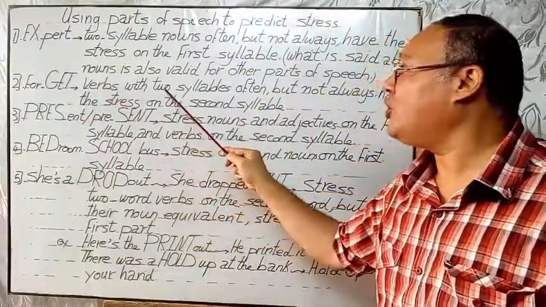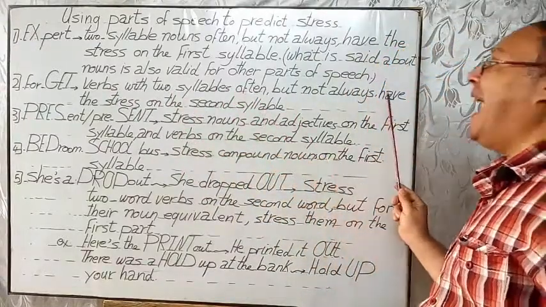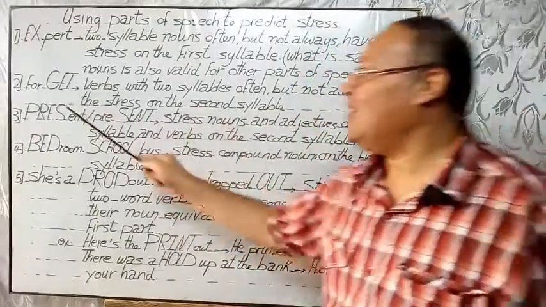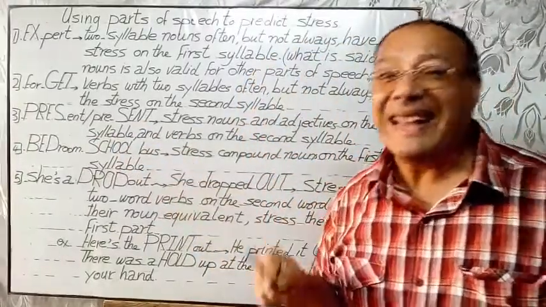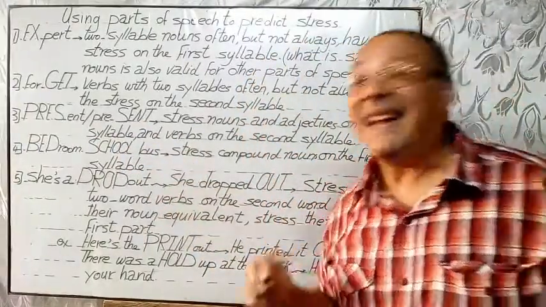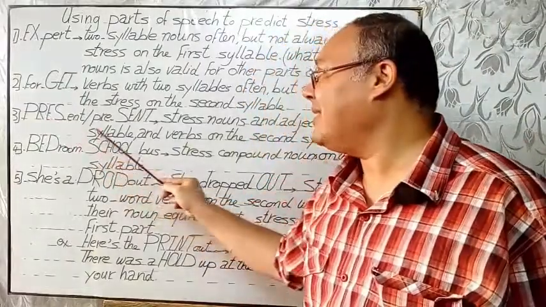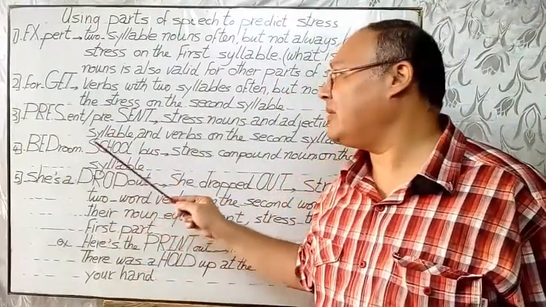2. To forget. Verbs with two syllables, often but not always, have the stress on the second syllable. So here, forget, begin, become. 3. Present, but present. Again, present.